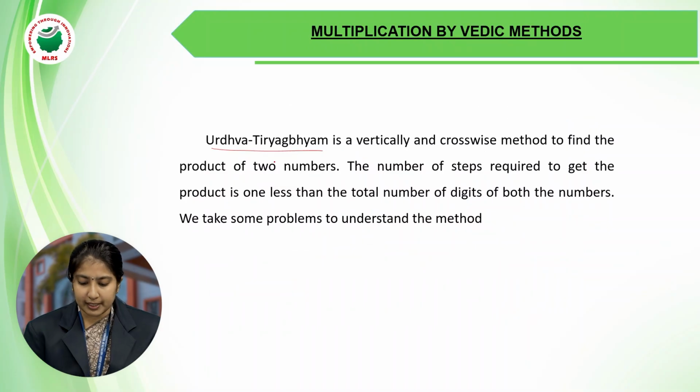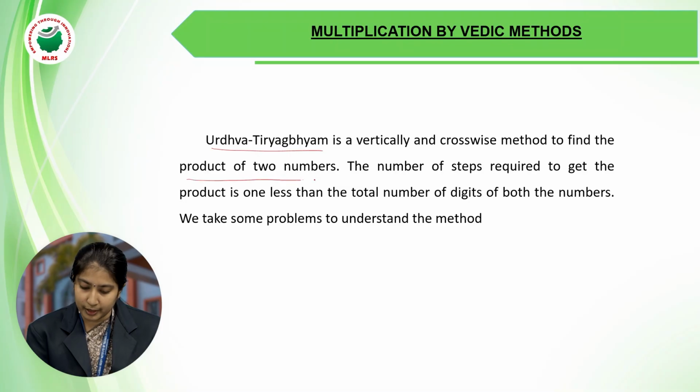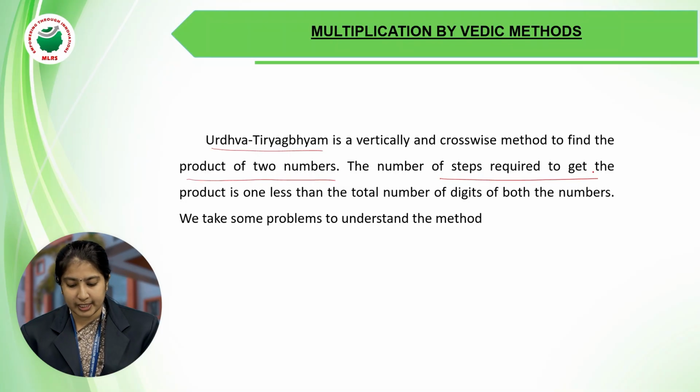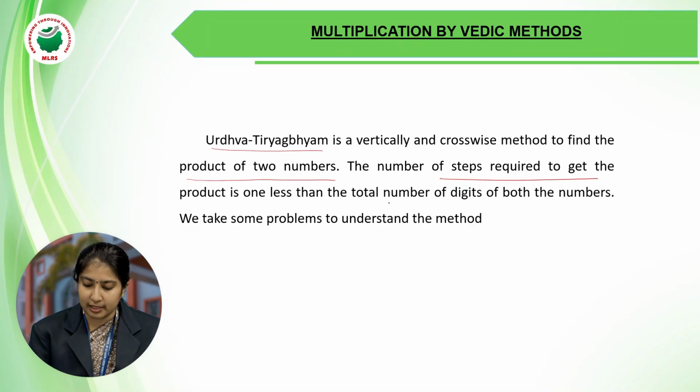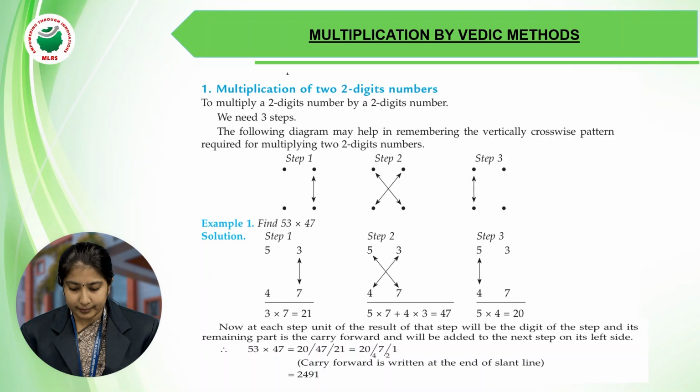So Urdhva Tiryabhyam is a vertically crisscross method to find the product of two numbers. Here the number of steps required to get the product is one less than the total number of digits of both the numbers. To understand this, we will go through one problem in the slide.